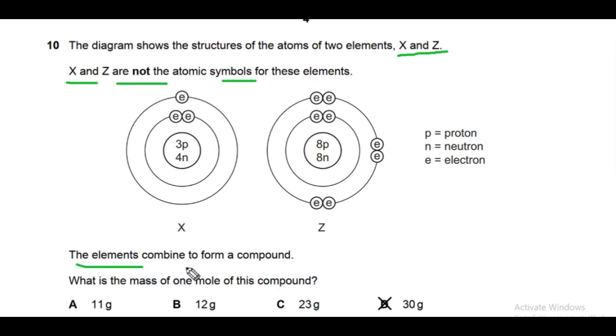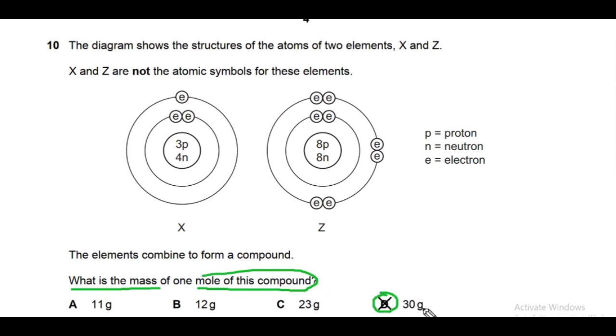The elements combine to form a compound. That means X and Z combine to form a compound. Now, what is the mass of 1 mole of this compound? If you calculate, you will get 30 gram.